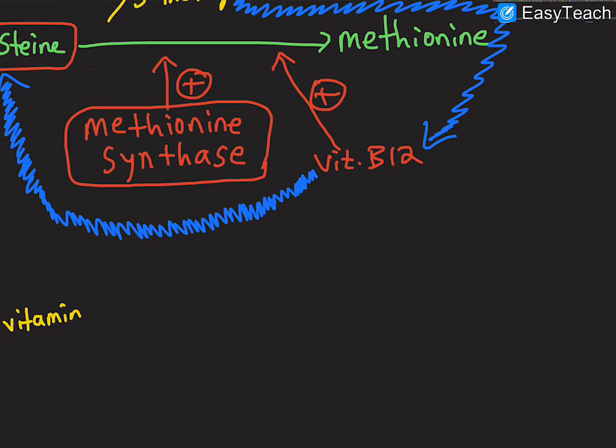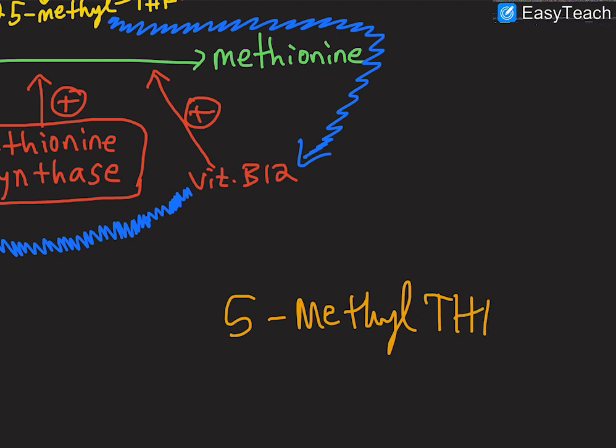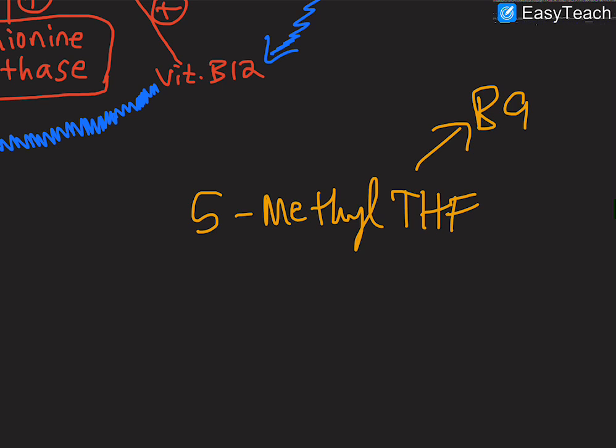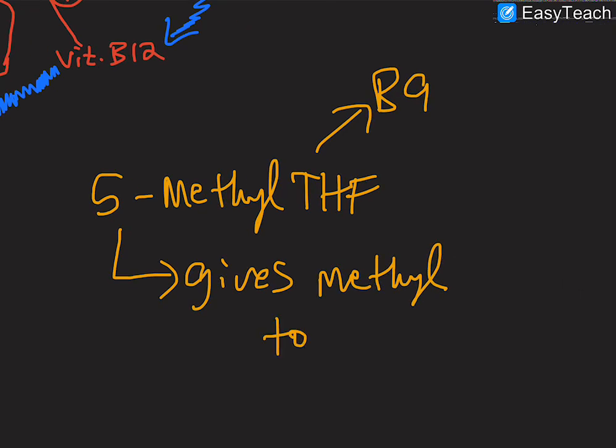So if we summarize that real quick, we get the formation of 5-methyl tetrahydrofolate, which we said was the active form of vitamin B9. But then we said 5-methyl tetrahydrofolate gives its methyl group to vitamin B12.